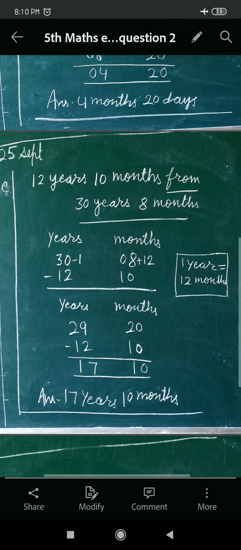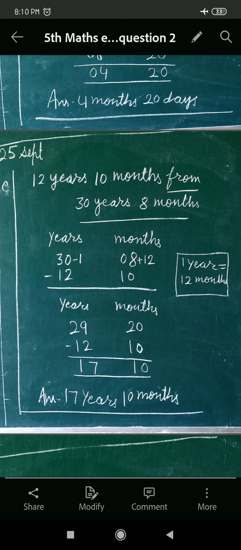Now I am going to explain part E. Subtract 12 years 10 months from 30 years 8 months. Years under years and months under months. 30 years and 8 months. Here 12 years and 10 months. We cannot subtract 10 from 8.